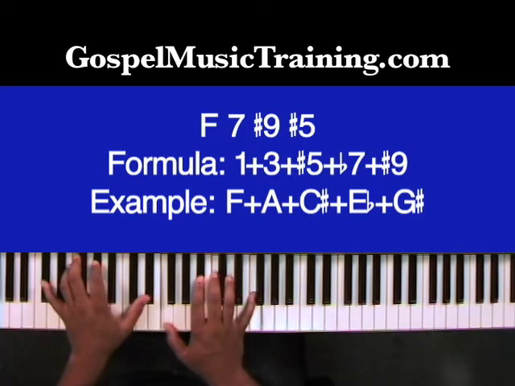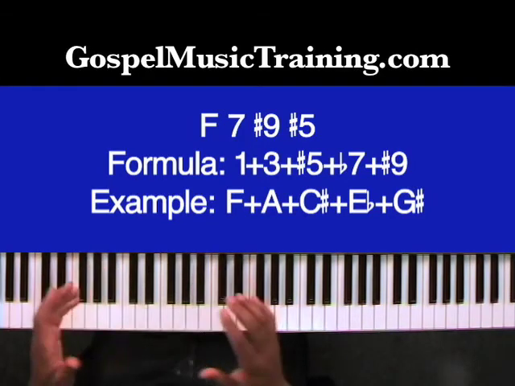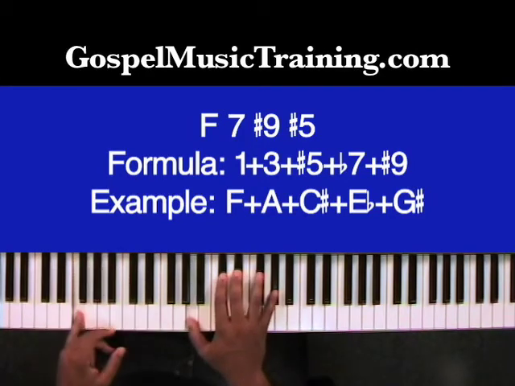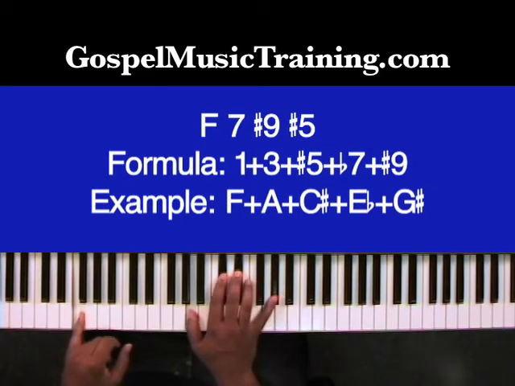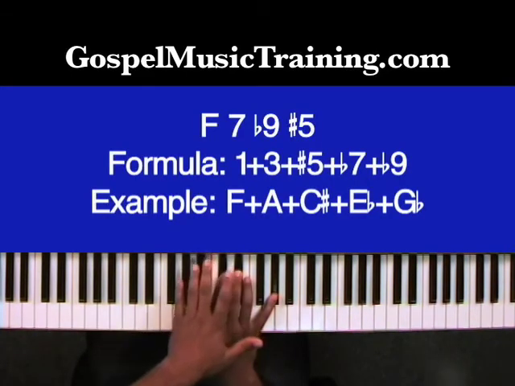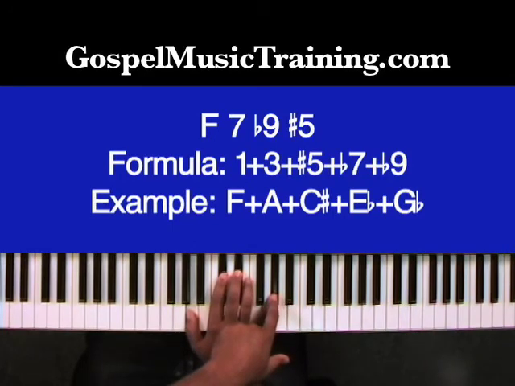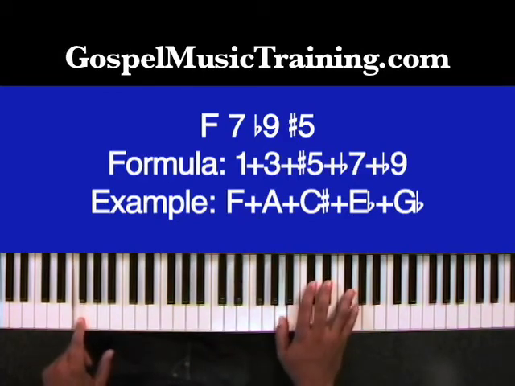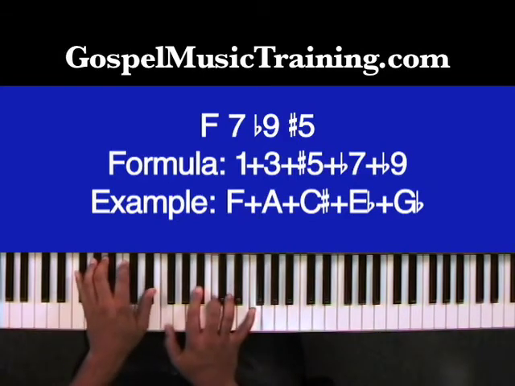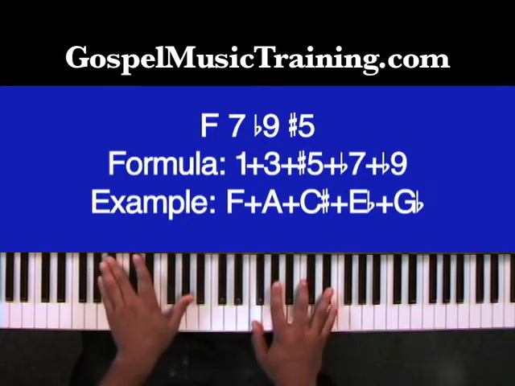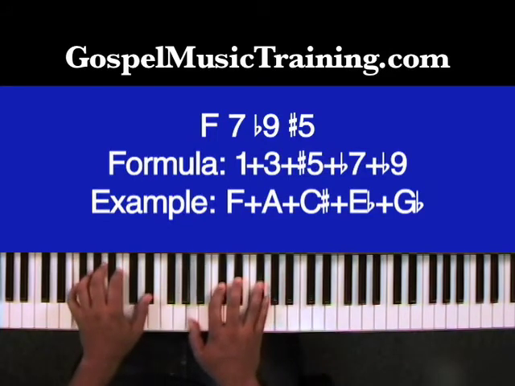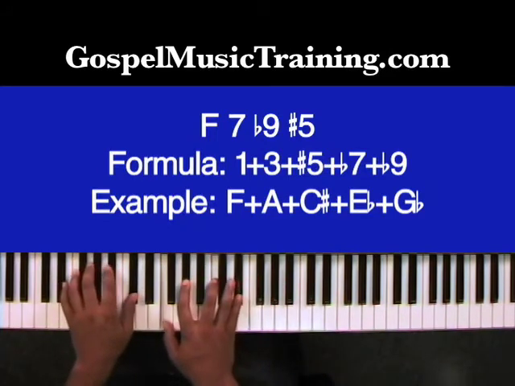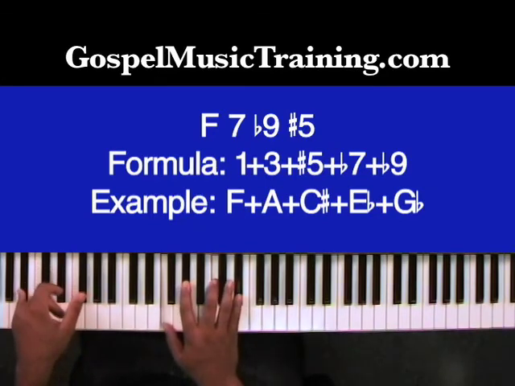All right, so it's a very nice passing chord, and just take the same concept for the flat 9. All you got to do, we have the sharp 9, sharp 5, everything else will be the same, but it's going to be a flat 9. So all you would do is flat the 9. Same concept. All right, very nice passing chord.